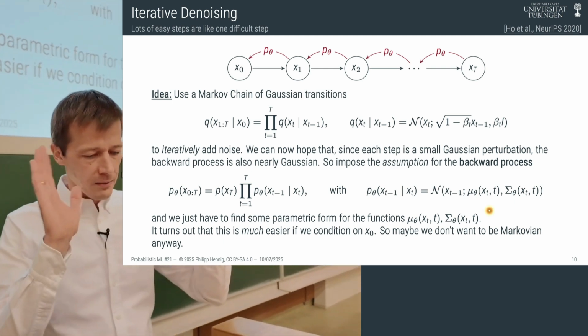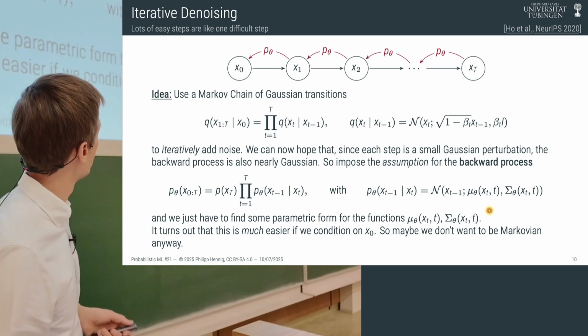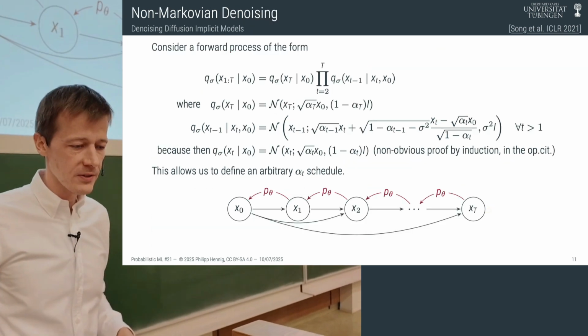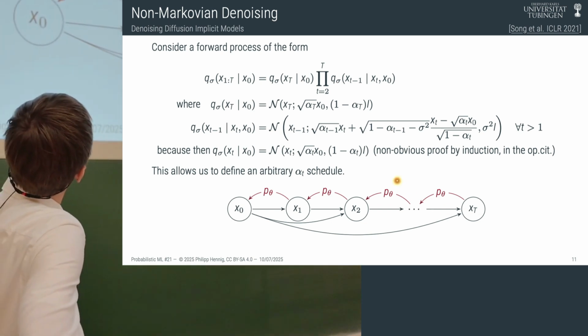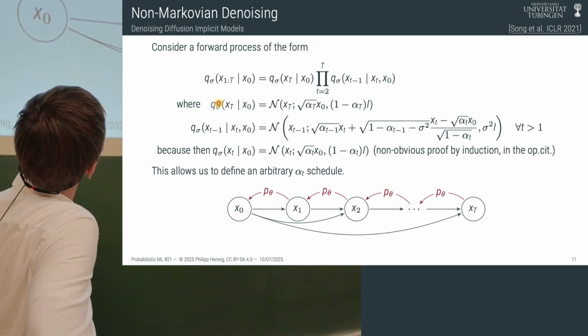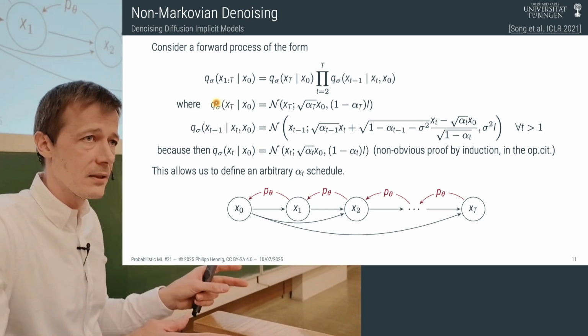And now there's one more idea that comes from a follow-up paper with a bit of overlap in the authors from 2021 at ICLR, where the author suggests actually there is a smarter way of doing this that allows us to parameterize the distribution more elegantly.